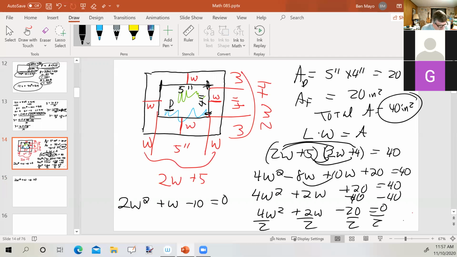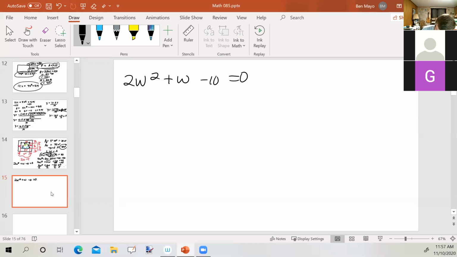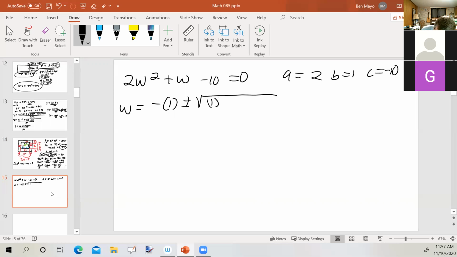Okay. Now, I don't know if I mentioned this part earlier, but it says round to the nearest hundredth of an inch. That tells me that my numbers aren't going to come out nicely like the last bunch did. All right. So A is 2, B is 1, C is negative 10. W equals negative B plus or minus the square root of B squared minus 4AC all over 2A.